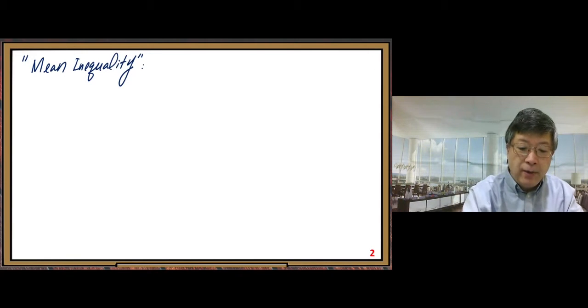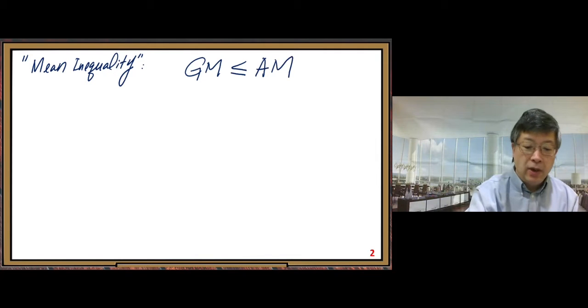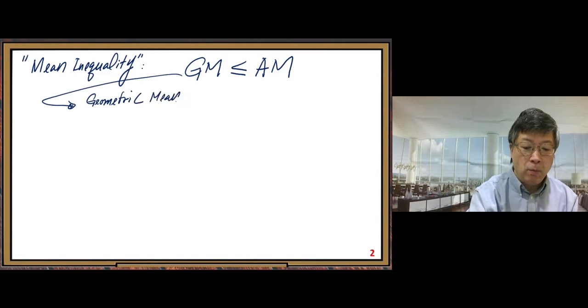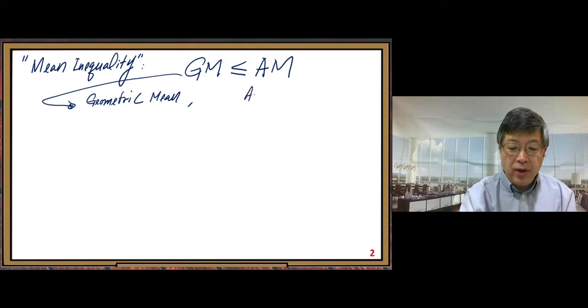That's called GM less than or equal to AM. What is that GM? The GM, geometric mean. AM, arithmetic mean.